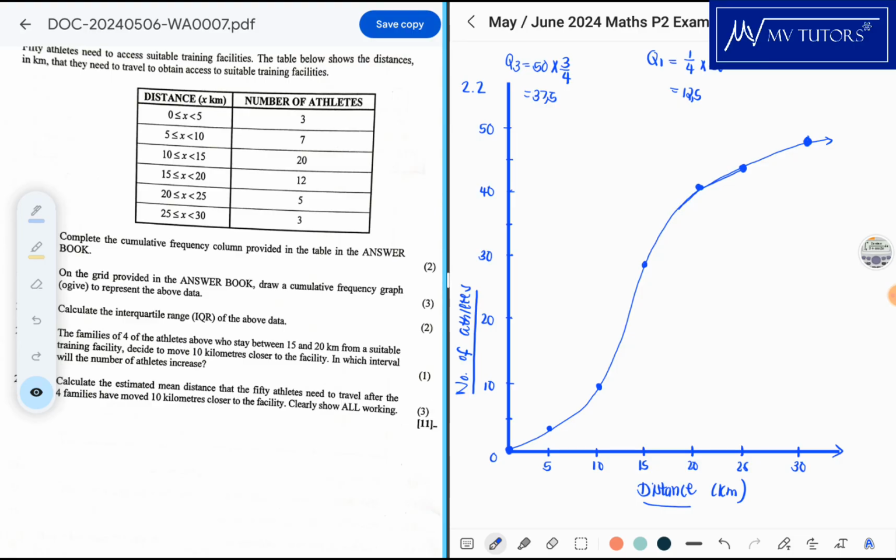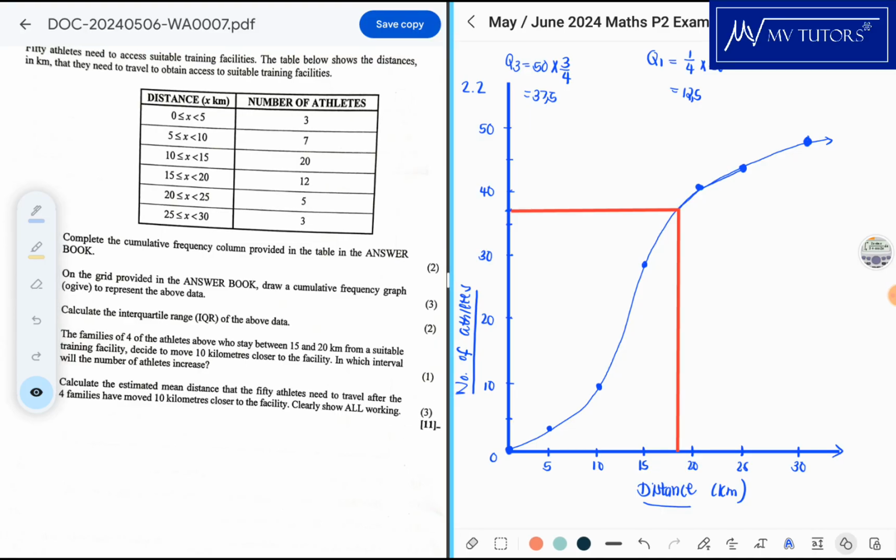So this is 35. 37 and a half is there. Okay, so we're going over to the table. So that's 37 and a half. If we take it down, all right, we're looking halfway through.